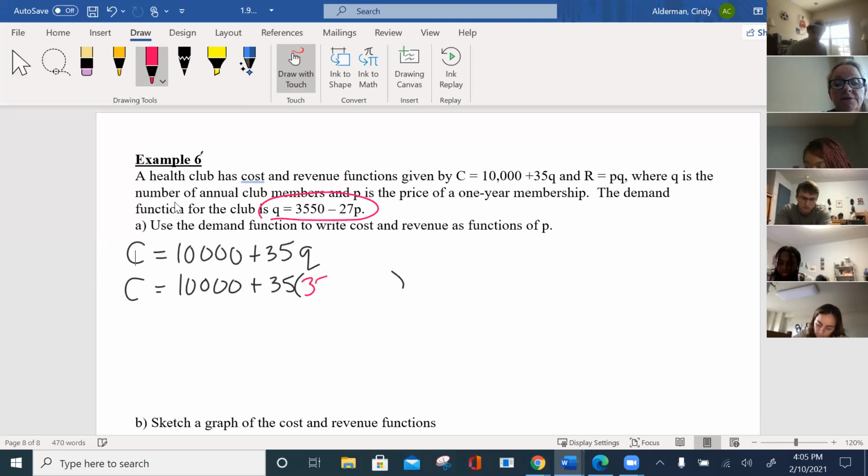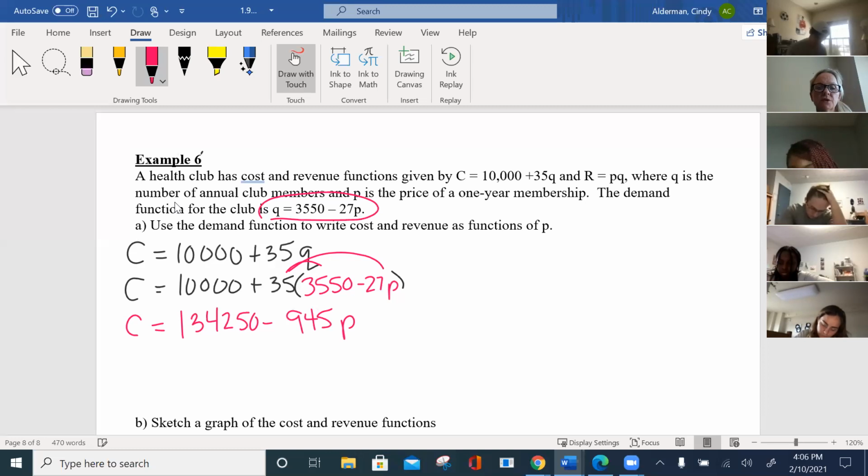So we're going to put this in here, 3550 minus 27p. And then we're just going to simplify that by distributing here and here. And if you did that and added like terms together, you're going to get 134,250 minus 945p.